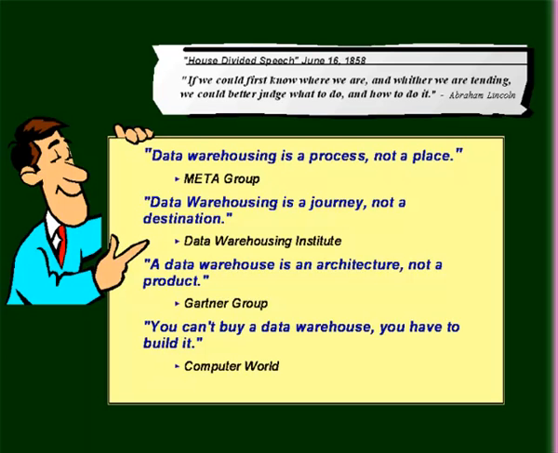Whereas a popular data warehousing institute states that data warehousing is a journey, not a destination. Gartner Group states that a data warehouse is an architecture, not a product. Computer World states that you can't buy a data warehouse, you have to build it. So these are the different kinds of messages given by these popular groups and institutes.